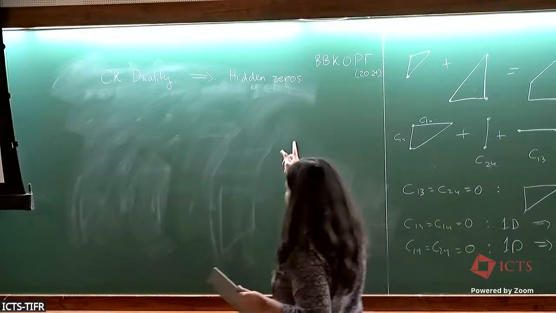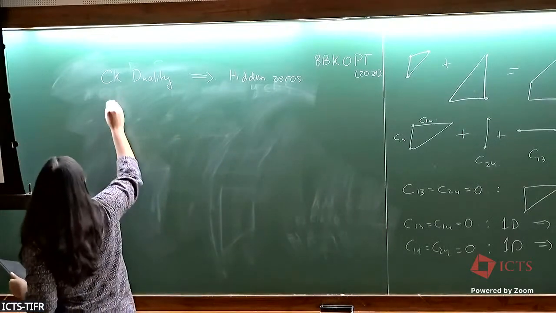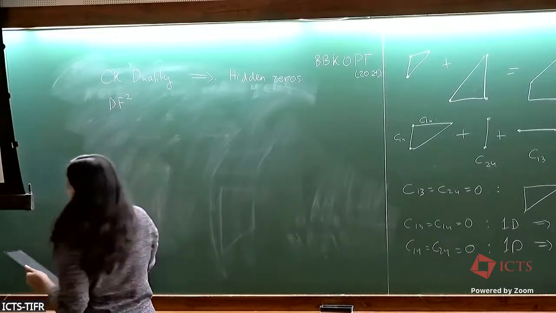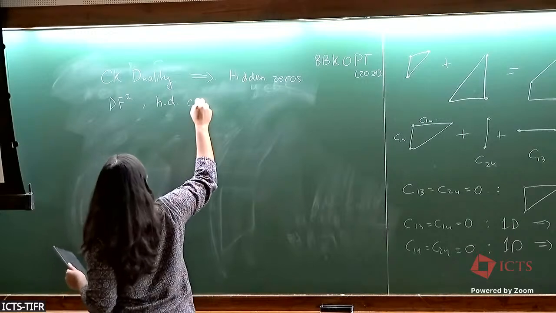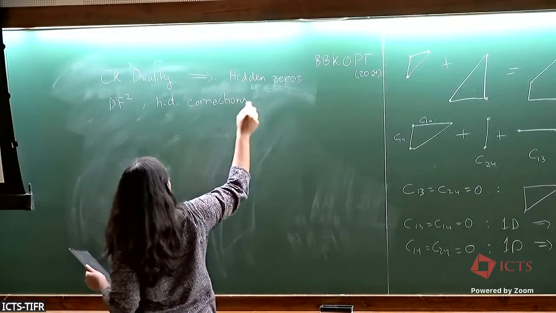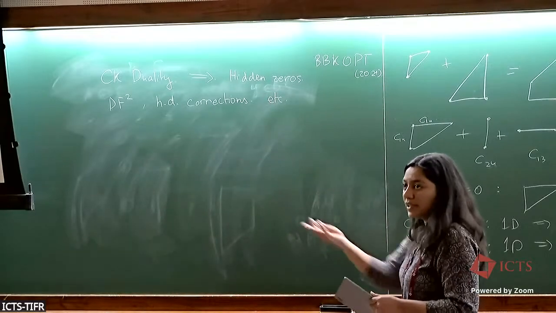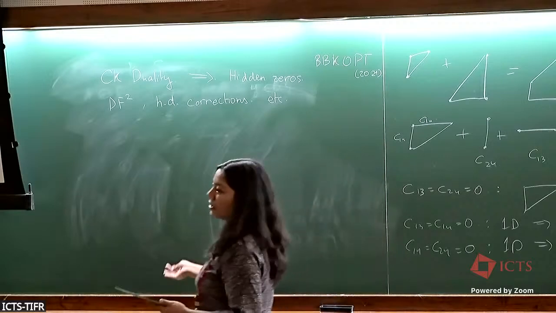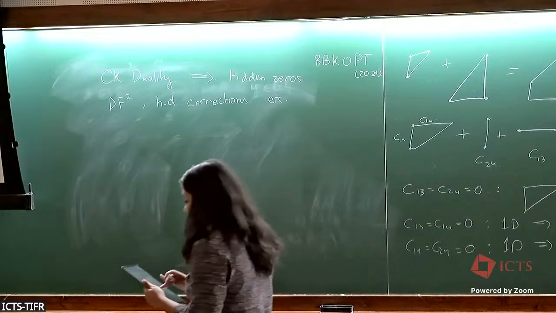Doing this allows you to include more theories. So now DF squared is also there. All higher derivative corrections are now included, etc. Basically, anything that is color kinematic dual has to have these zeros. It's got nothing to do with the Minkowski sums, etc., which is where they began.